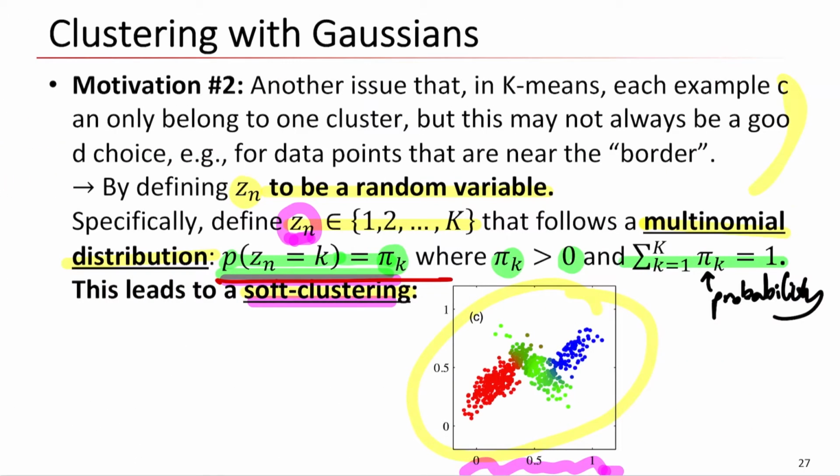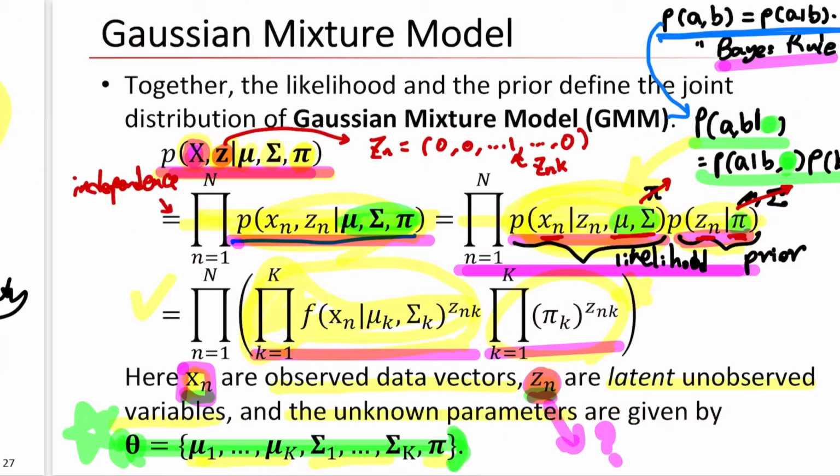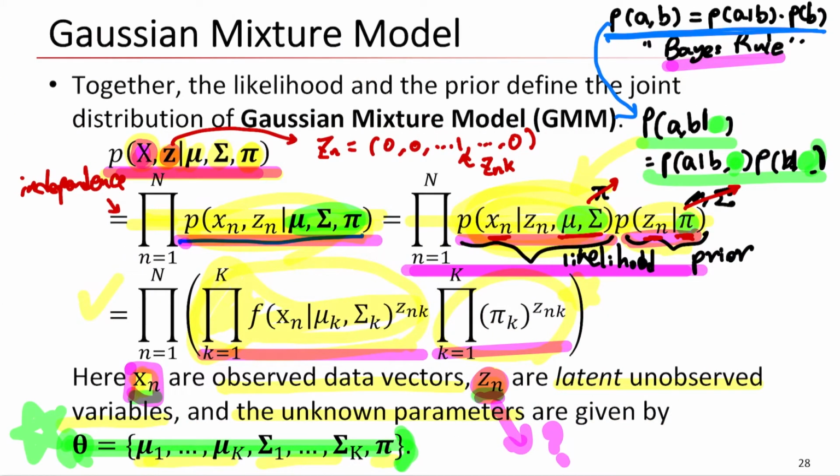And the second limitation is overcome by introducing z_n, which is the random variable that follows the multinomial distribution, right? So that's why the Gaussian mixture model is called a soft clustering method.